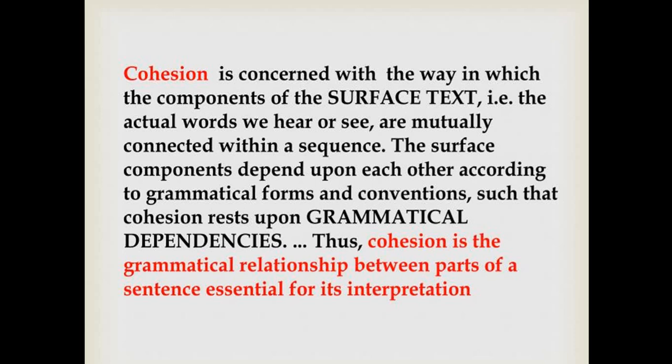The surface components depend upon each other according to grammatical forms and conventions, such that cohesion rests upon grammatical dependencies. Thus, cohesion is a grammatical relationship between parts of a sentence essential for its interpretation.